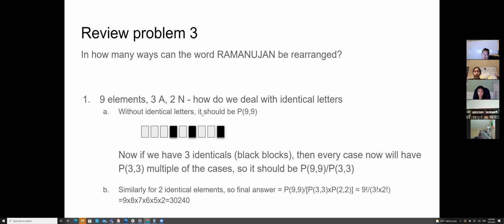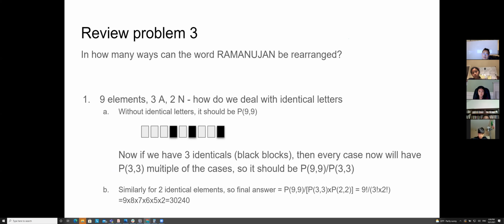So we think in the opposite way. Without identical letters, it should be P99 or 9 factorial. Now let's assume we have 3 identicals. Then you think backwards. If we look at the other letters plus these 3 identicals, whenever these 3 are arranged among themselves, the whole combination will treat them the same, right?